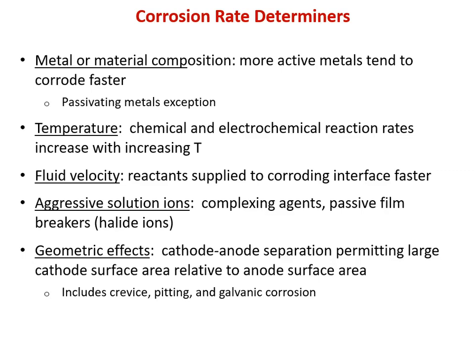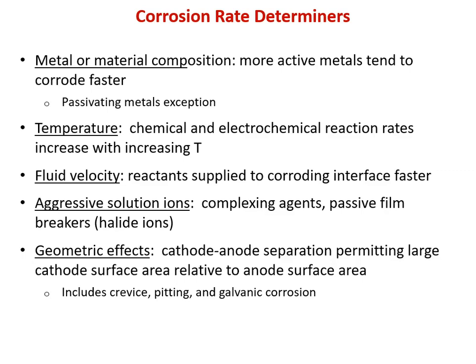We know from our diffusion coefficients that those are exponentially related to temperature. So if we raise the temperature, we can get reactive species to the interface faster, and our limiting currents are going to rise. Likewise, if we're talking about species transport, fluid velocity will have an enormous effect. If you're used to fluid dynamics, you know that there's a small boundary layer, even in a flowing system, that has to be diffused across.